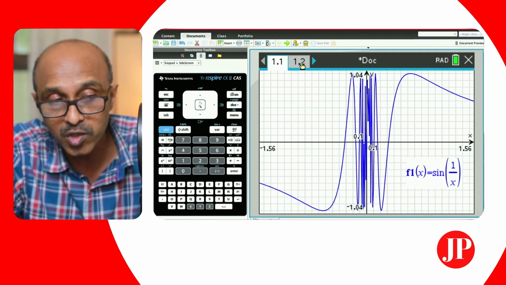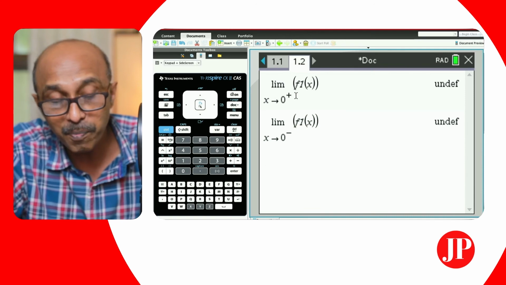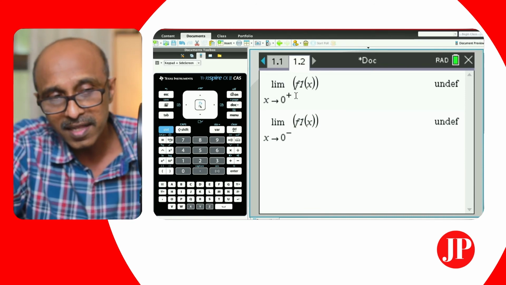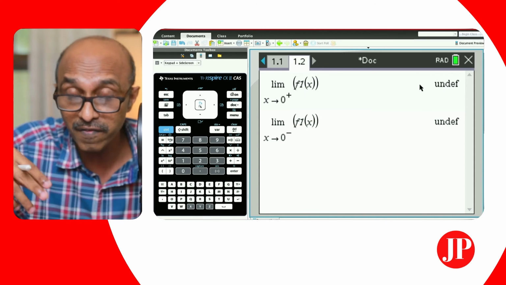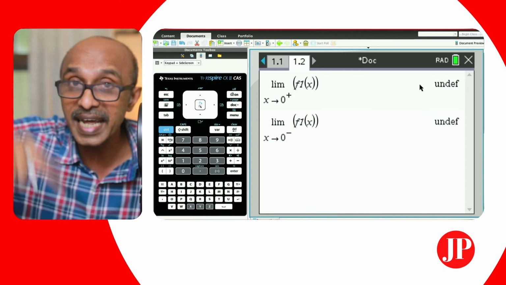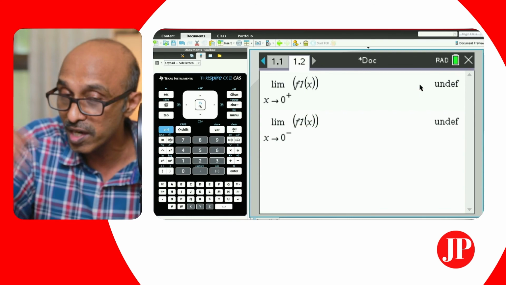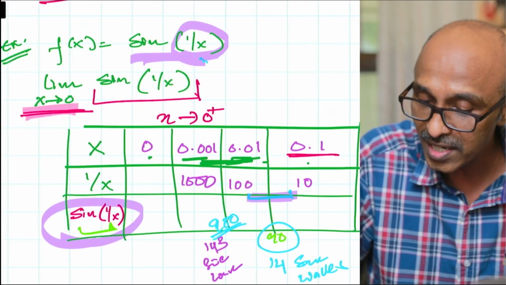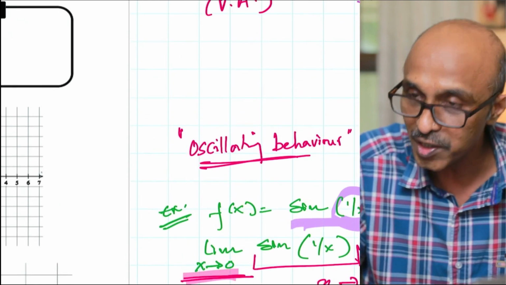The fluctuations become so rapid, and the same behavior is seen from the left-hand side, that the limit of the function is not defined because it's oscillating. It's not becoming infinite as we saw in the earlier case, it's oscillating. And because of that oscillating behavior, we say that the limit of the function does not exist.